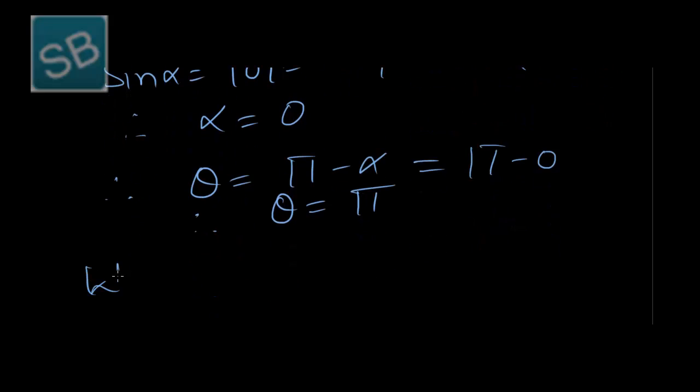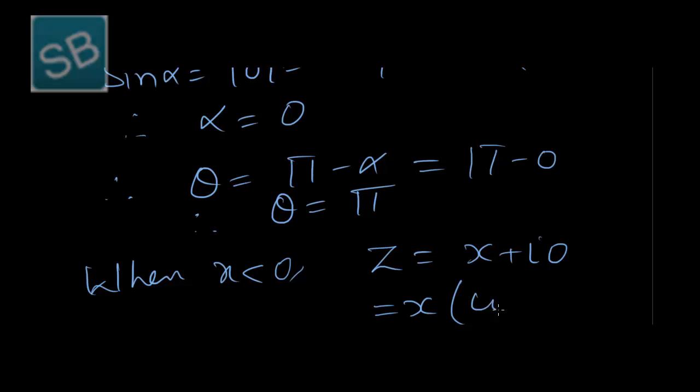So when x is less than 0, z is equal to x plus iota 0, and in polar form it is mod x into cos pi plus iota sin pi.